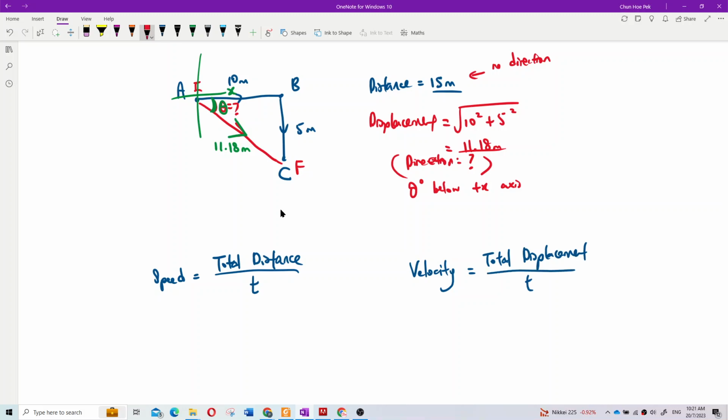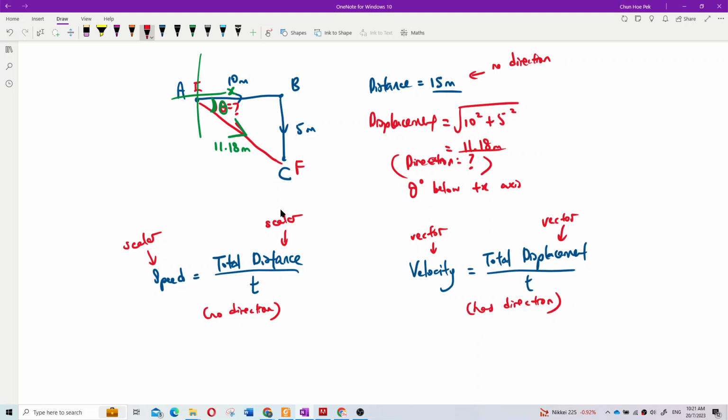Because distance is a scalar quantity, speed is also a scalar quantity, with no direction, just how fast it is. But displacement is a vector, so velocity is also a vector. Understand, class? Velocity is moving in a certain direction, so you need to mention the direction.